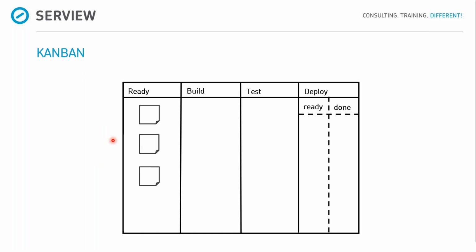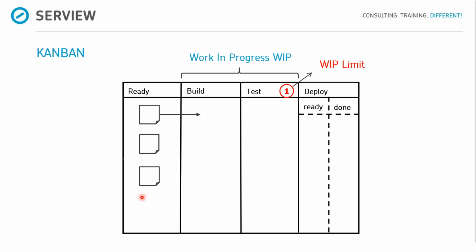So here are some tickets we have to do, some work we have to do, some requirements. If you start to work on a ticket, you put it into the build column. And work in progress, okay, we'll talk later about it. So these tickets in the ready column are prioritized. And when I start work, I take the first ticket or pull the first ticket in the build column.